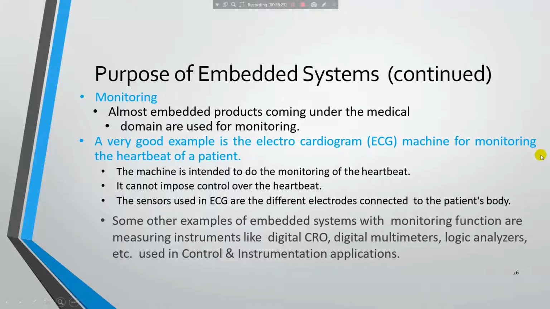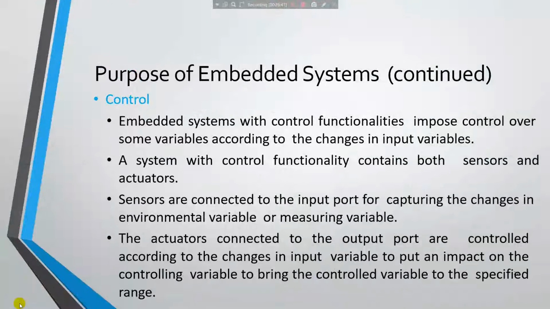Some other applications of embedded systems are measuring instruments like CRO, digital multimeters, and logic analyzers. Many instruments can be used for monitoring systems using embedded systems. Coming to control, various control variables can be handled.